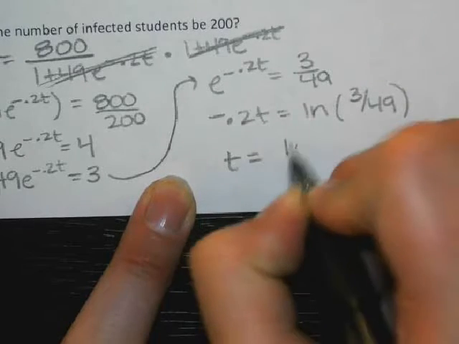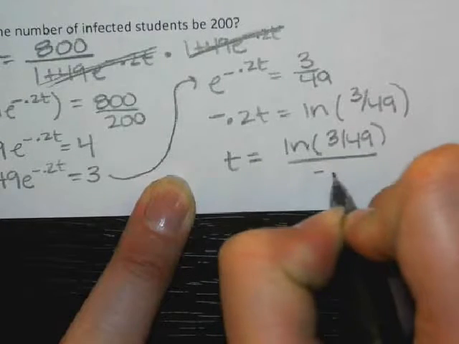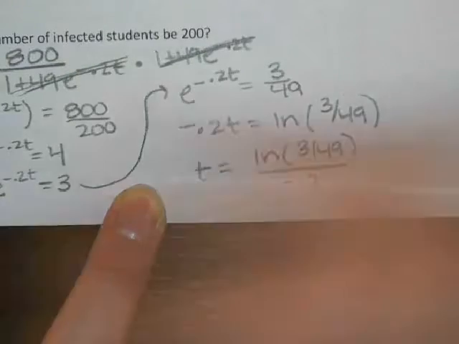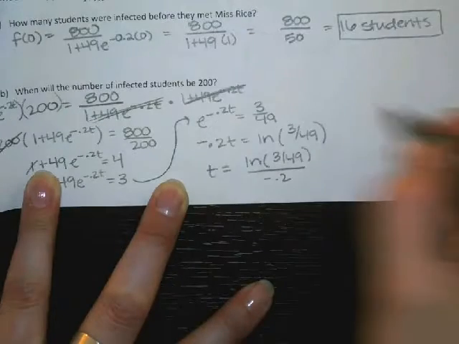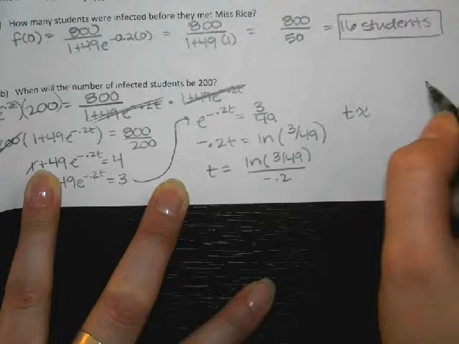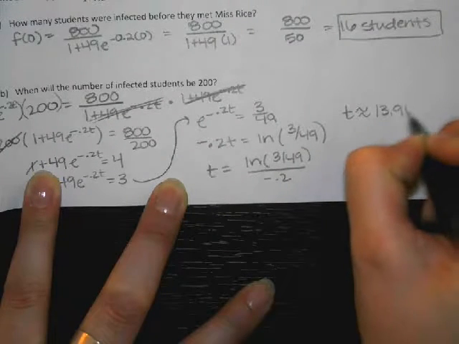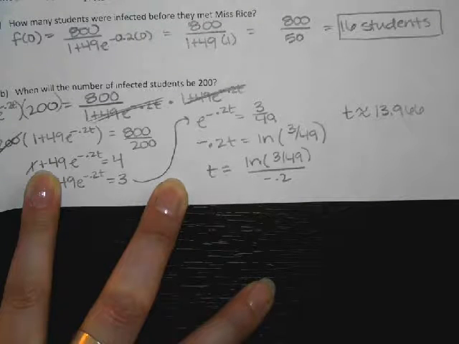So t is ln of 3 over 49 divided by negative 0.2. What does t equal? 13.966. What were our units of measurement? Days.